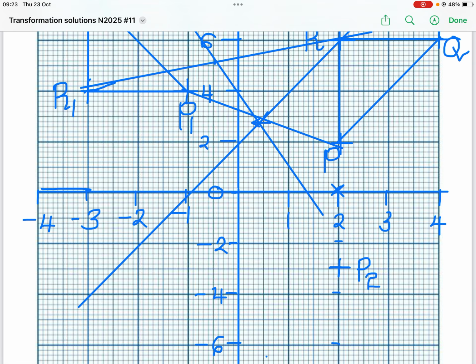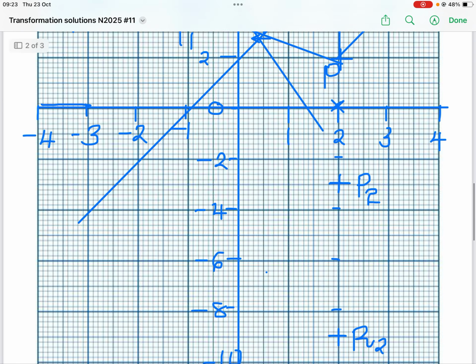So let me do that. This here. I've measured 12 centimeters, so the coordinate is going to be minus 1, minus 9.